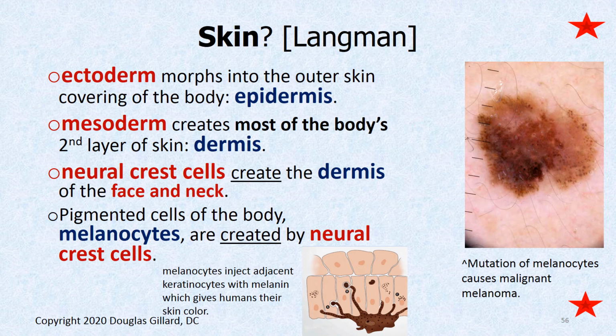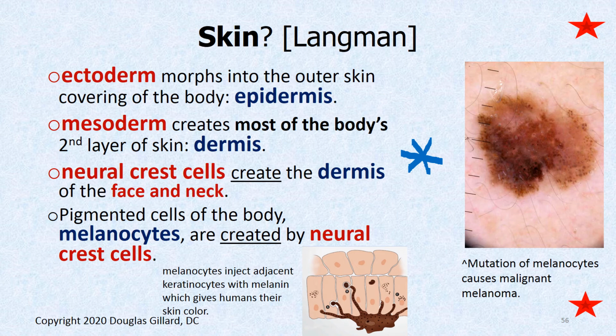But the trick, the fly in the ointment with regard to the dermis is that the skin of the face and the skin surrounding your neck is actually created, the dermis of the face and the neck is actually created by neural crest cells and not mesoderm. So that's a tricky little area. That would be a nice little board question. So make sure you understand that.